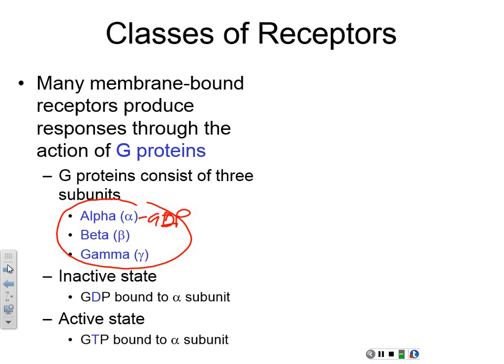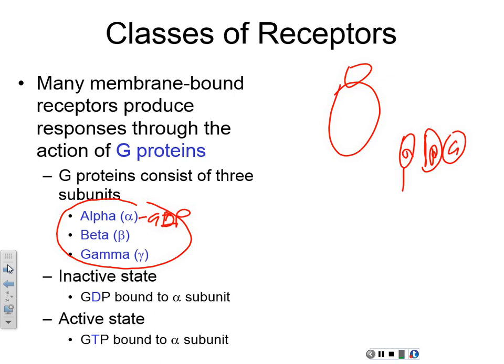That's why they're called G proteins, because of the guanine that these alpha subunits are attached to. Okay, so in an inactive form, the alpha subunit is attached to GDP. When the transmembrane protein is attached to the receptor, then you've got the alpha, beta, and the gamma subunits.